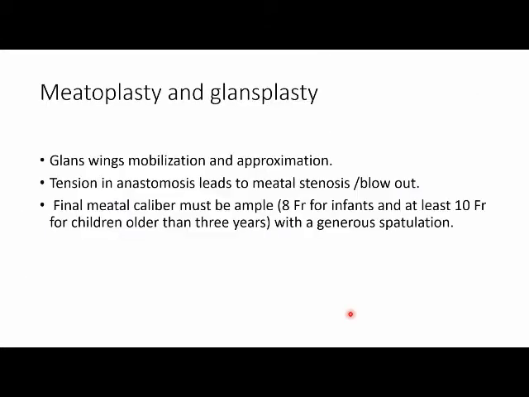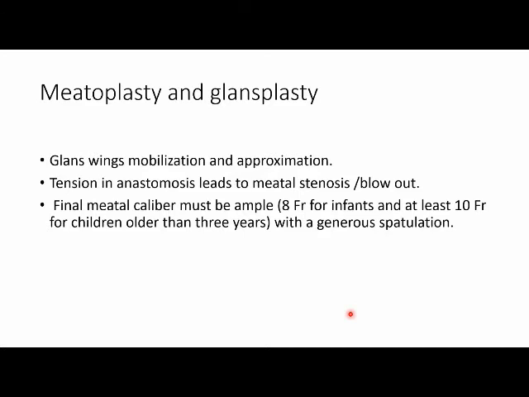Coming to meatoplasty and glansplasty, this involves suturing of the meatus to the glans and also mobilizing the glans wings and approximation of the mobilized glans wings. But the most important thing is that the entire repair can fail if this glans wing mobilization is not done properly. If you are suturing the glans wings in an inadequate manner with tension, it will give way, and also it will lead to a blowout type of urethrocutaneous fistula, and risk of meatal stenosis will also be there.